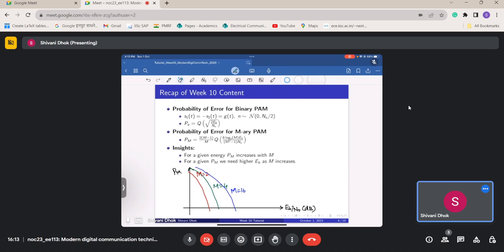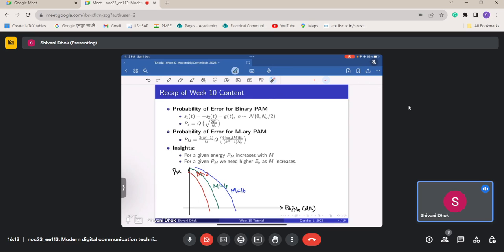So for a given value of probability of error, we require a higher value of EB to get the same probability of error as M increases. And for a particular value of EB, as M increases, the probability of error is higher. These are the insights that we obtained.